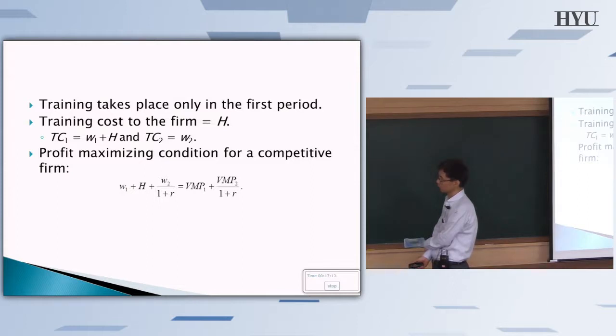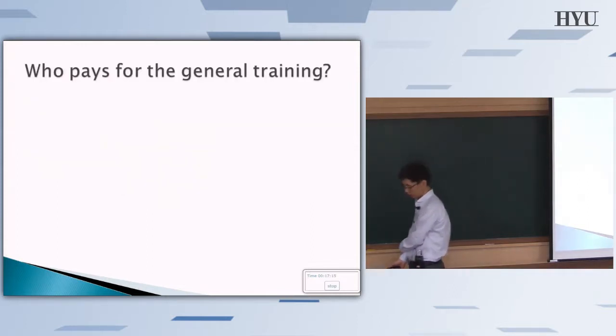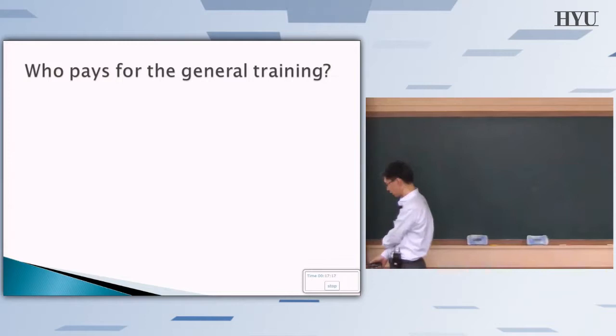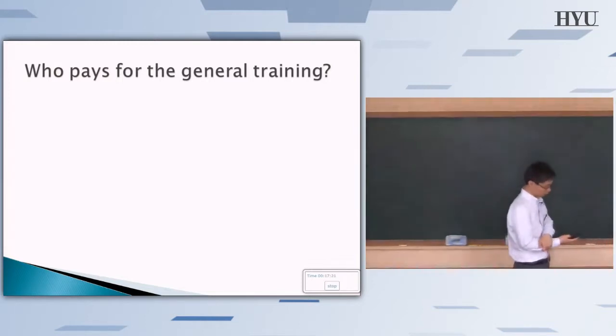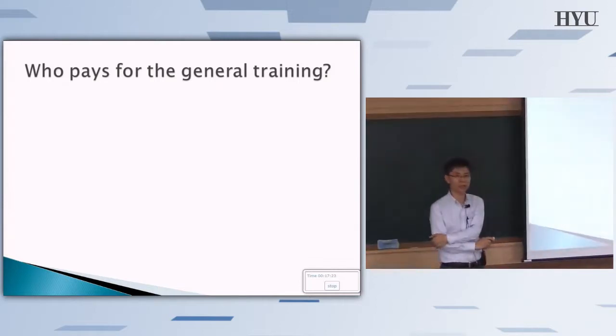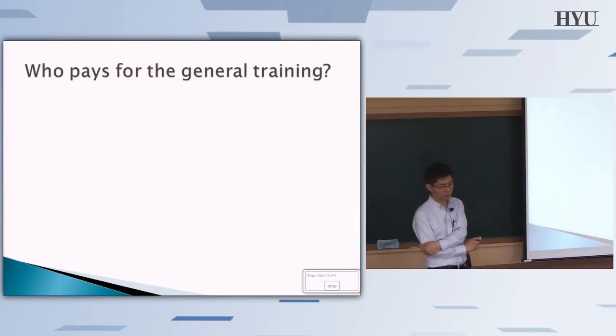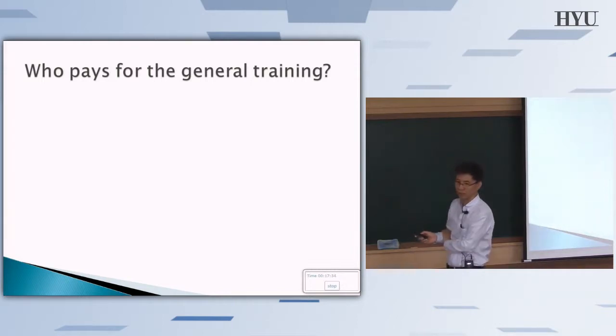let's think about each training in turn, general training and specific training. What we ask here is who pays for those trainings, because this has consequences for the individuals, the workers' wages. Okay. So first think of general training.